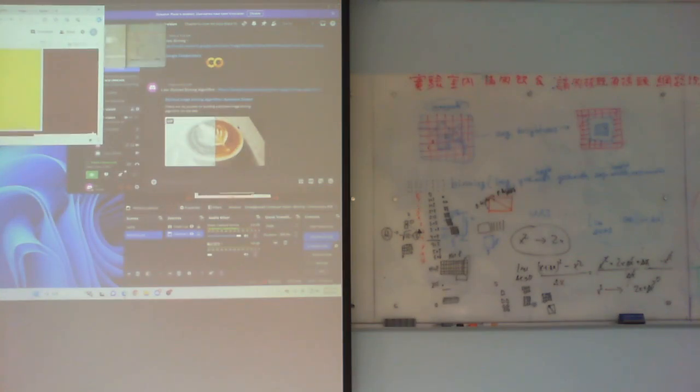Come on, I have a yellow image. Multiplied by 1.